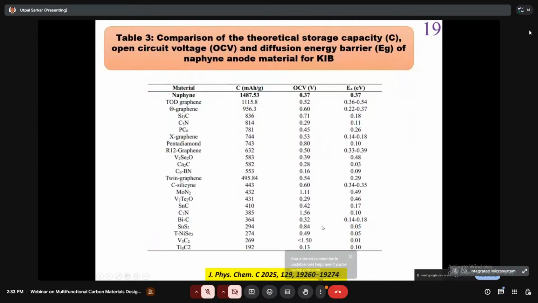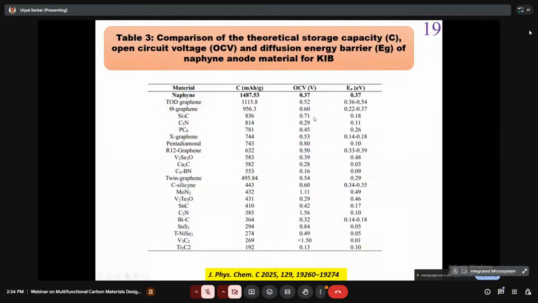Now this is a comparison of theoretical storage capacity, open circuit voltage, and diffusion barrier for this naphthalene material. Naphthalene has a storage capacity of roughly 1500, and other reported materials are less than this.